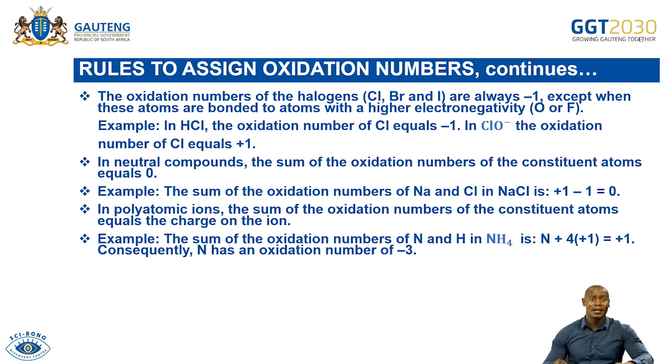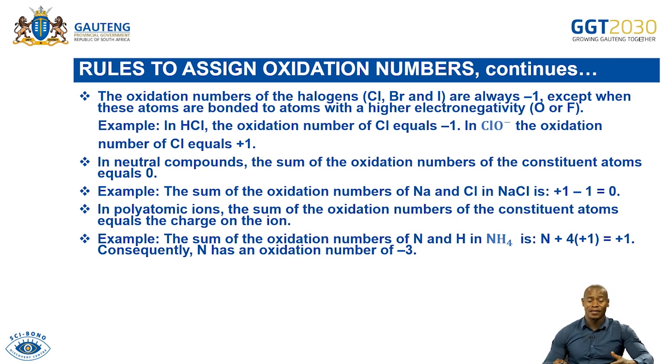For example, in hydrochloric acid, the oxidation number of chlorine is equal to -1, but when it comes to ClO minus, the oxidation number of Cl becomes positive 1. But in most cases, for halogens, your Cl, Br, and I, the oxidation number is negative 1.